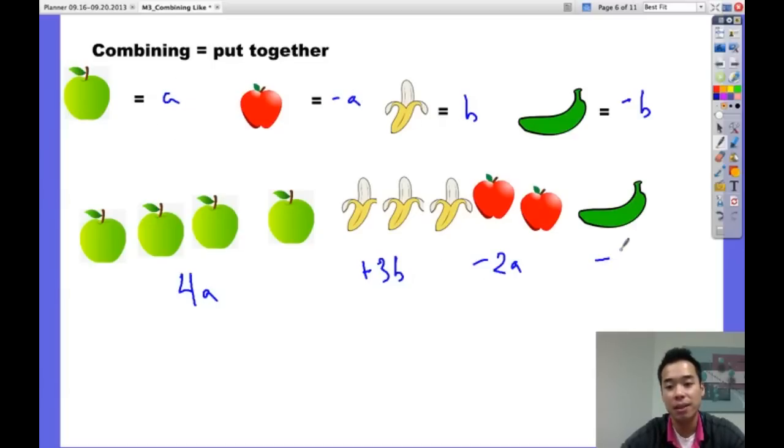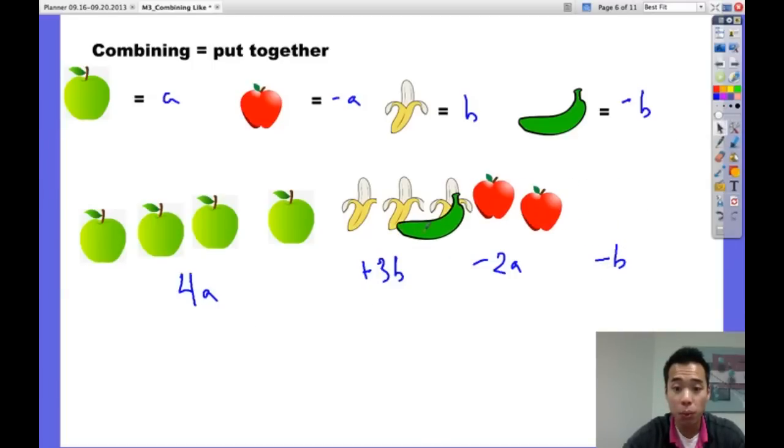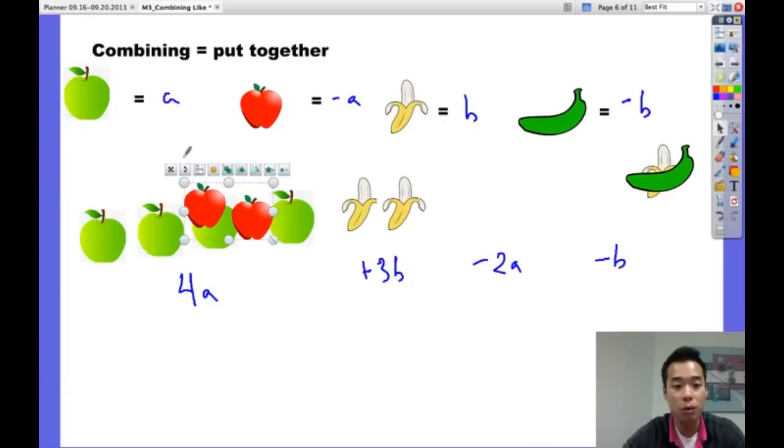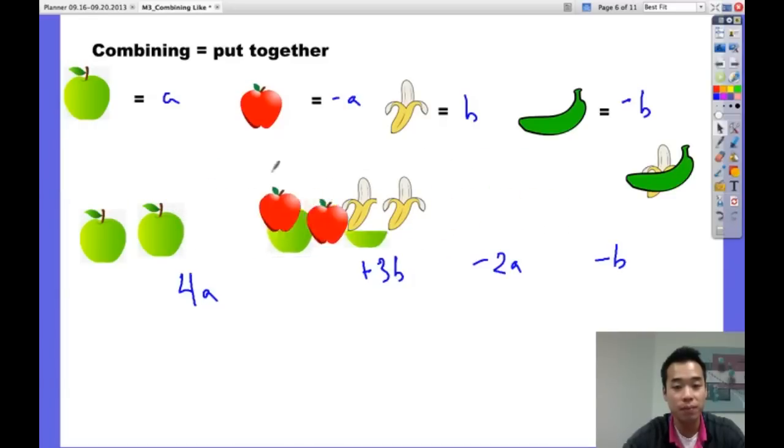I have a negative banana. Quickly combine terms. 1 green apple and 1 red apple create a zero pair and disappear. So right now I lose 1 banana. 2 red apples with 2 green apples create 2 zero pairs, so those are gone.